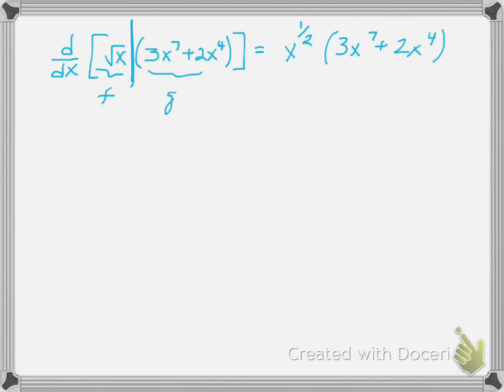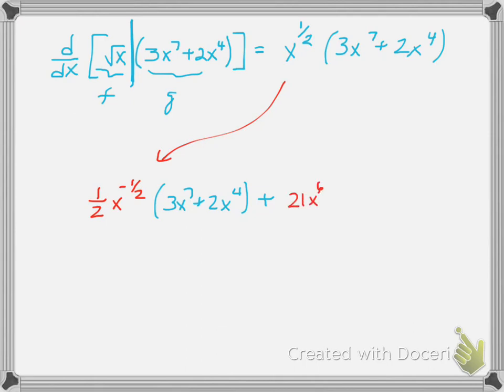So the derivative of x to the 1/2, well there's my power rule, so 1/2 x to the negative 1/2. Again, all being multiplied times this original g function, so there it is, right? Plus, now I need to take the derivative of this second function, so that's 21x to the 6th plus 8x cubed. And remember, that all gets multiplied by the original first function, which was x to the 1/2.